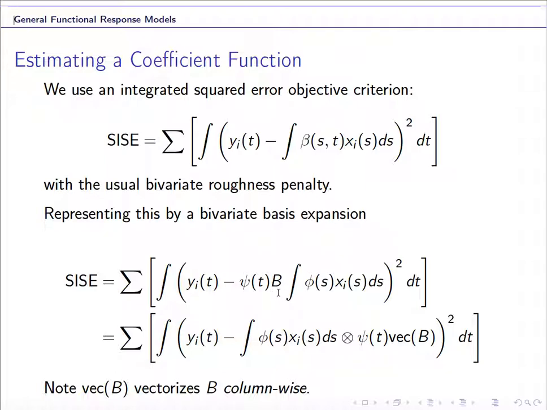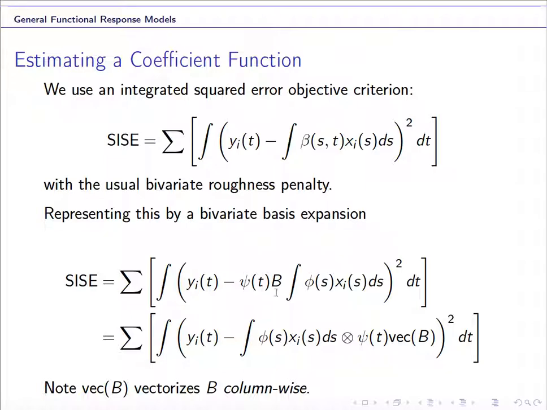B is the basis coefficients for these two-dimensional basis functions. After we do these representations, this integral is only with respect to s, so you can take the basis functions of t outside the integral.